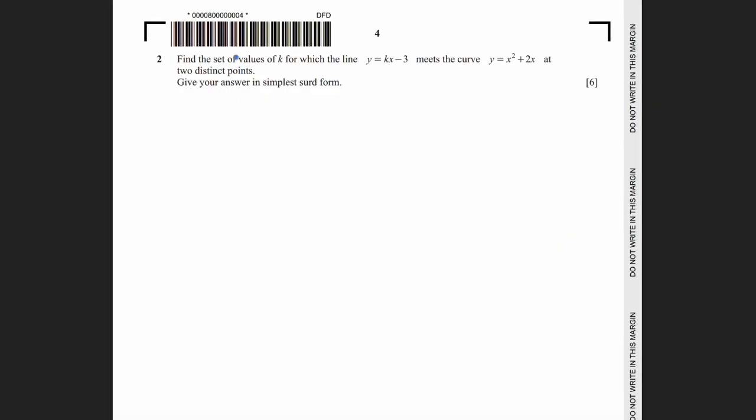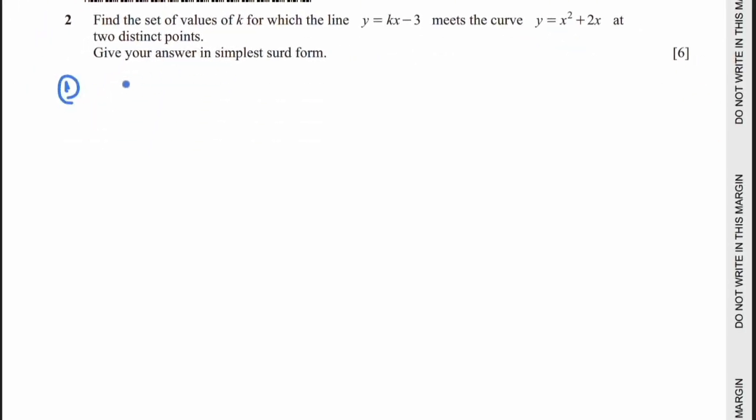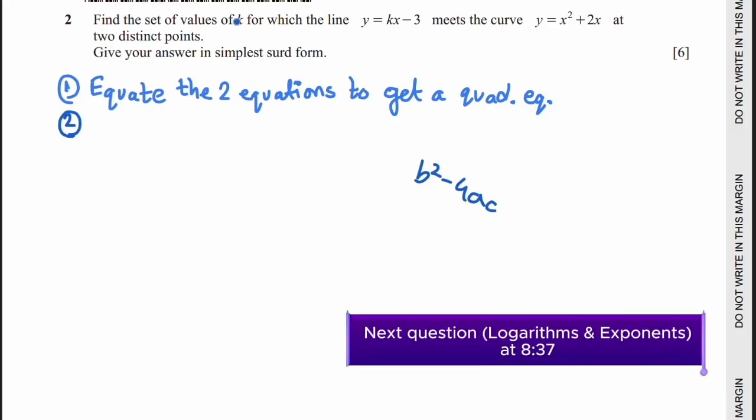Okay, next question. Find the set of values of k for which this line meets this curve at 2 distinct points. Alright, so first our step 1 is going to be equating these 2 equations to get a quadratic equation. Then we are going to apply the b squared minus 4ac formula on that quadratic equation, which is b squared minus 4ac equal to 0.